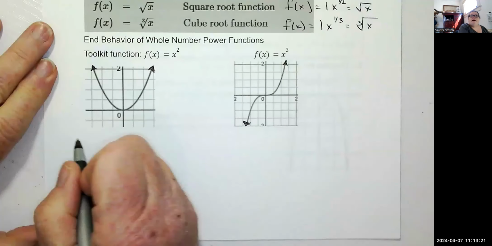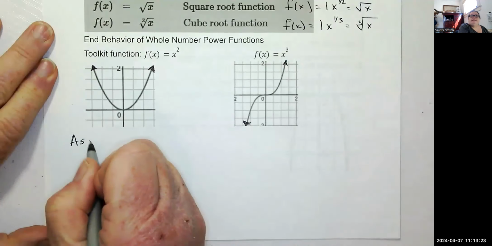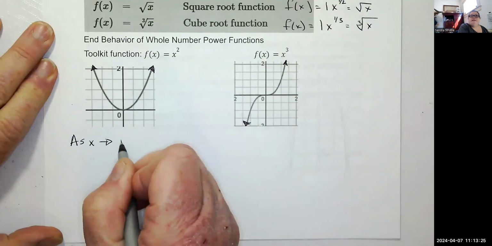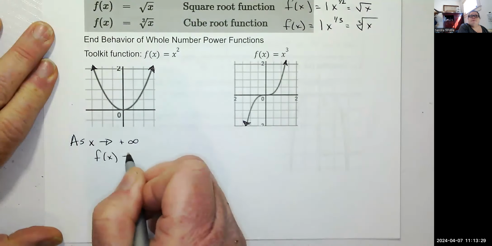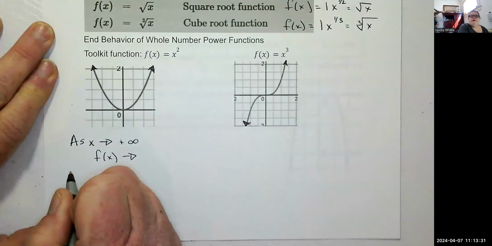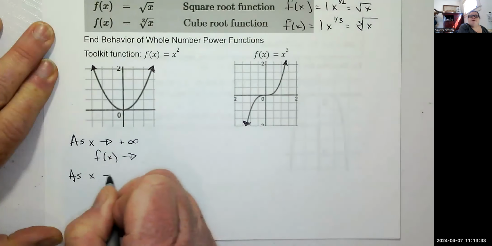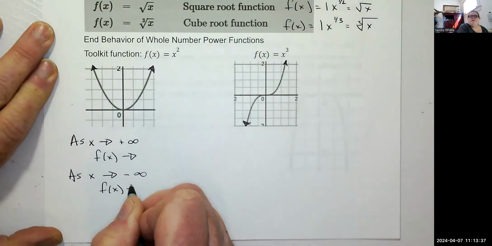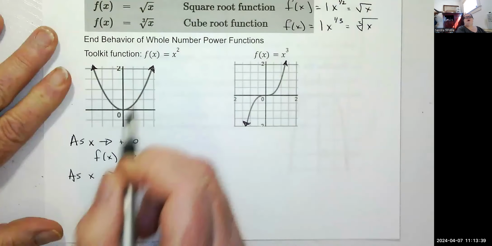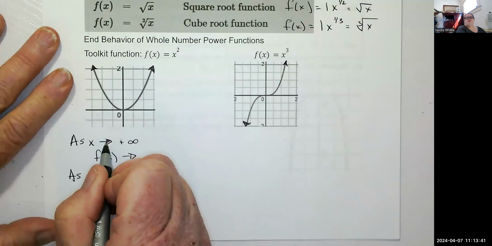The way you're going to write this is: as x approaches positive infinity, f(x) is approaching what? And then as x approaches negative infinity, f(x) approaches what? These are just arrows.